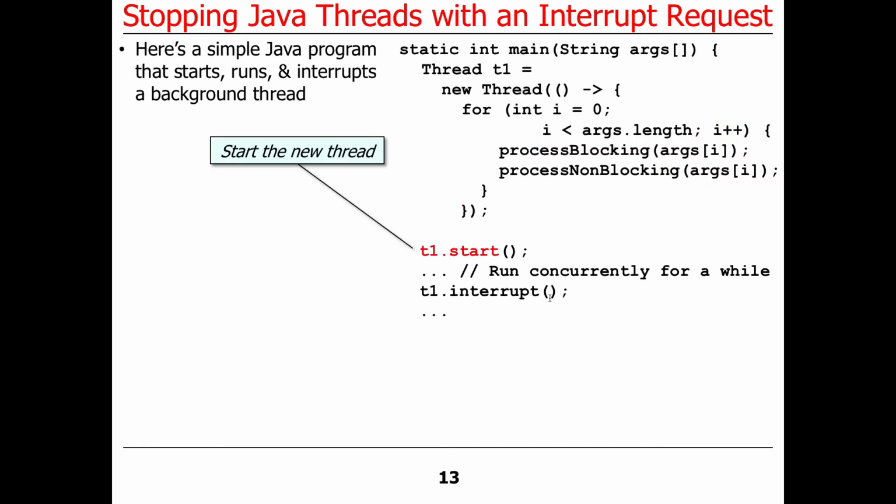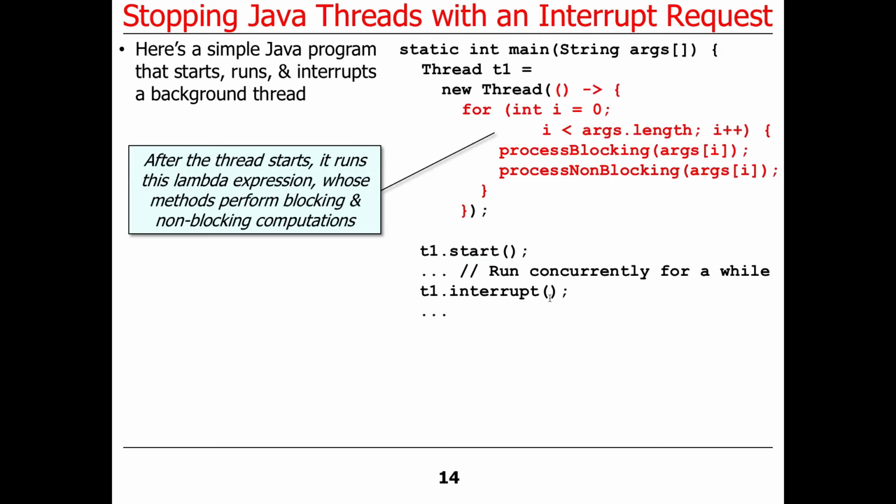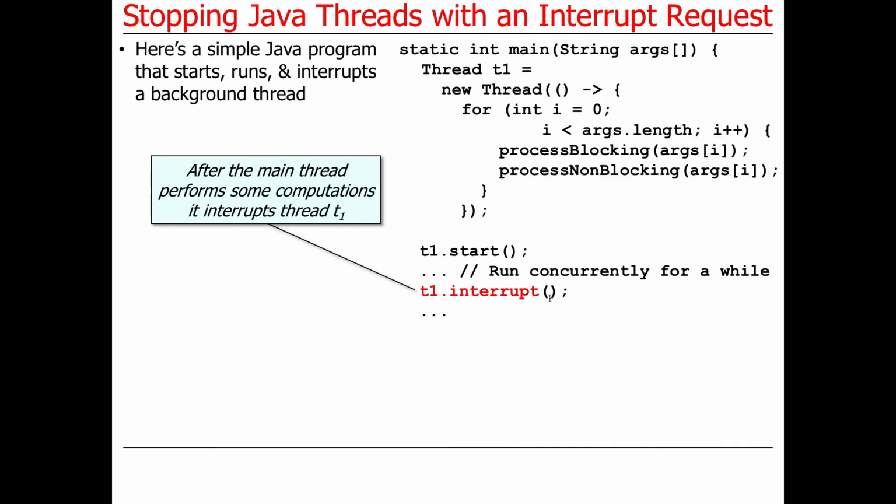But between the point where we start it and we interrupt it, this background thread is going to do some stuff. And as you can see here, it's going to loop, and it's going to do some processing that blocks, and it's going to do some processing that doesn't block. And we'll see that each of those methods have to be handling thread interrupts in a slightly different way. So let's assume, for sake of argument, the background thread is off doing its thing. At some point, the main thread says interrupt the background thread.